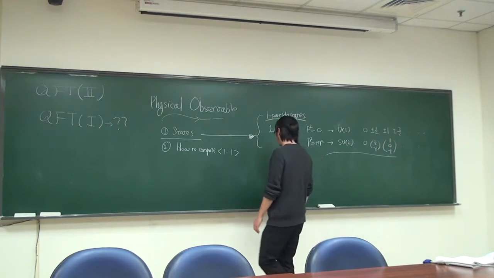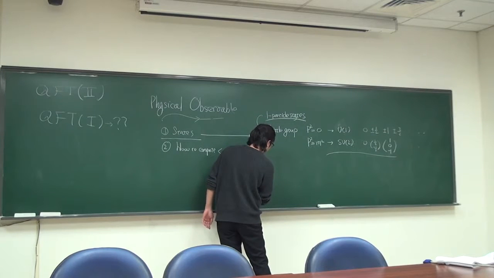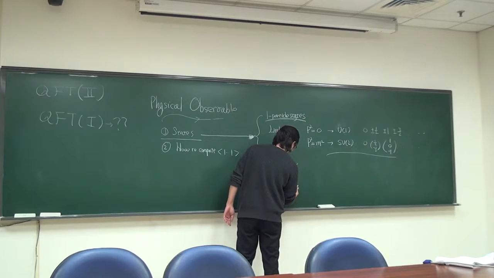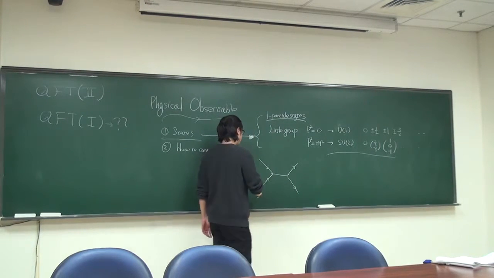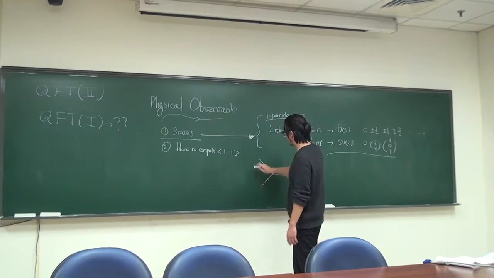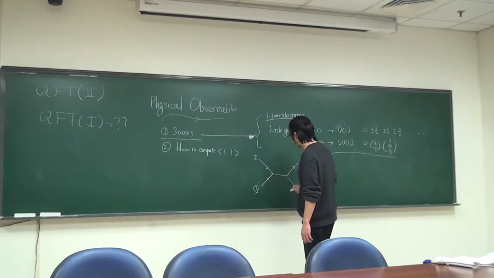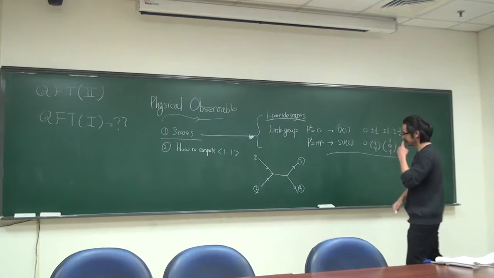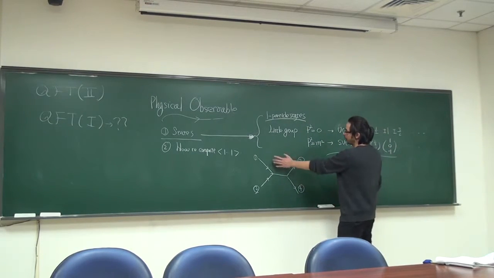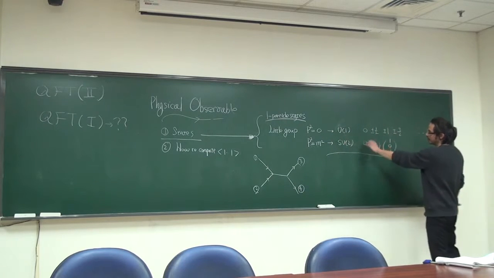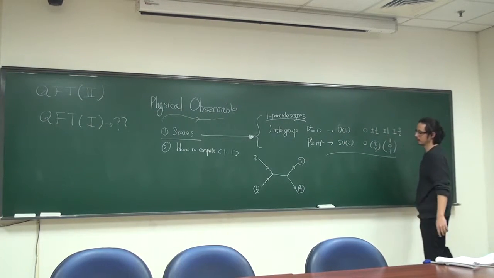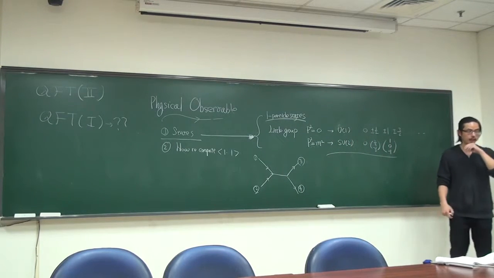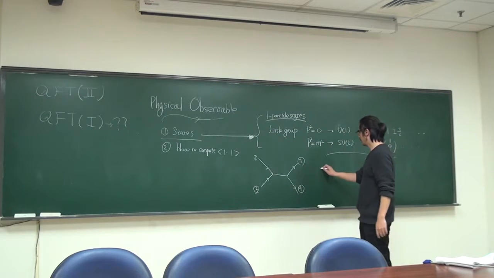Let's say we are thinking about two particles coming in and two particles coming out, and we view our world as particles 1, 2, 3, 4. These particles could be massless or massive, I don't care, just some kind of particle. Now I want to describe this process. What would I need to do?